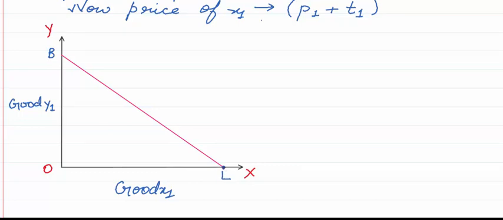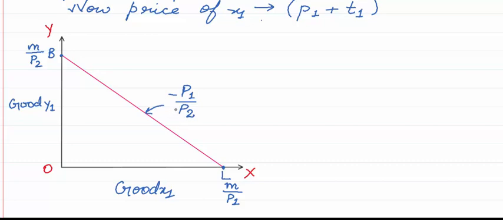At point L, the intercept will be income M of the consumer by price of X1, that is P1. And at point B on the y-axis, the intercept would be M income by price of Y1, that is P2. Now the slope of the budget line BL will be given by ratio of prices, so minus P1 by P2.